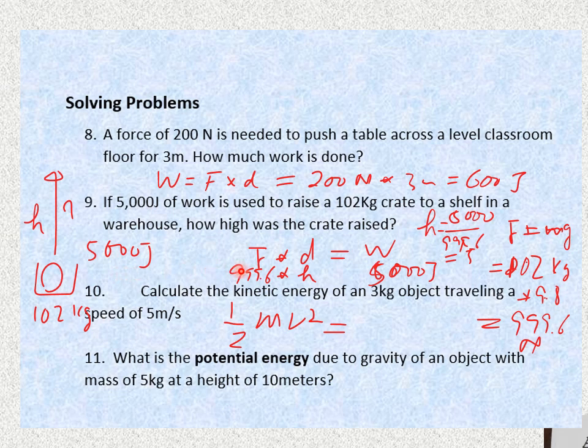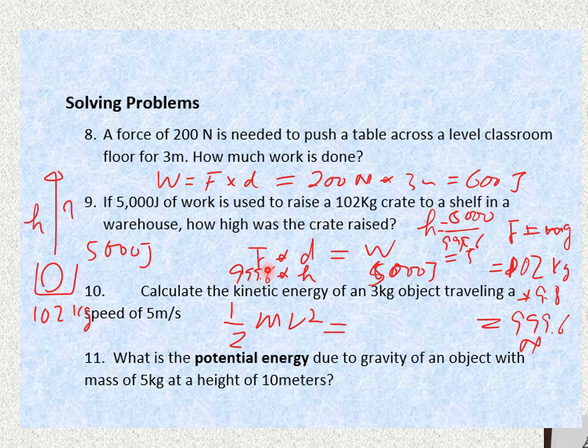So now force times distance. 102 times 9.8 here is 999 newtons. That's the force times the distance, and the distance we don't know yet. In fact that's what you are asked to find out, but you write this in the equation anyway.